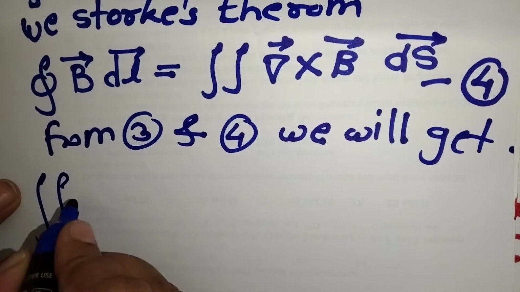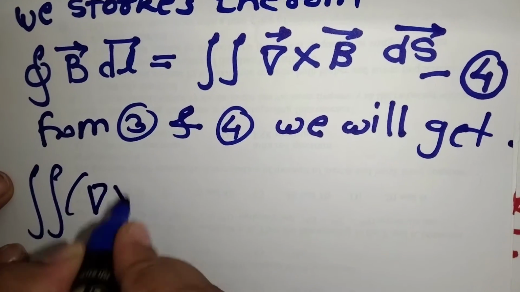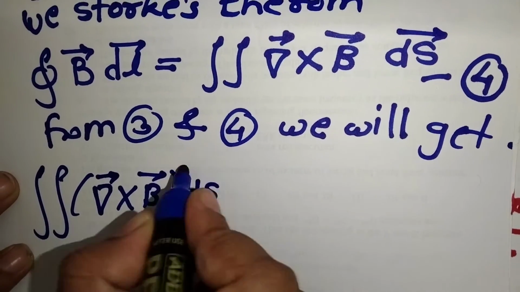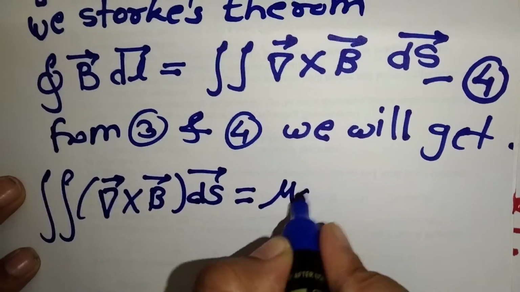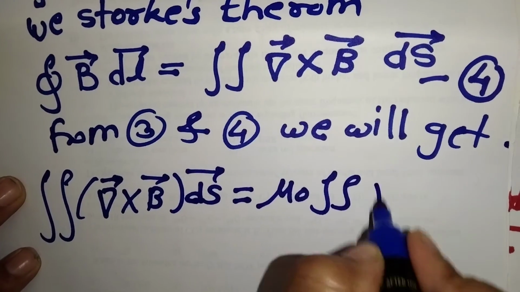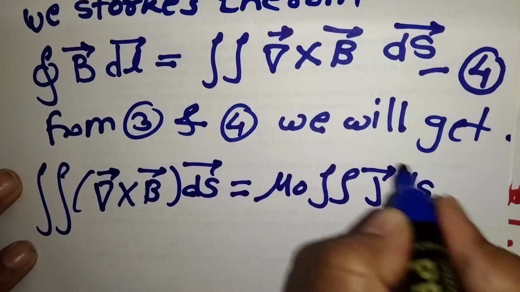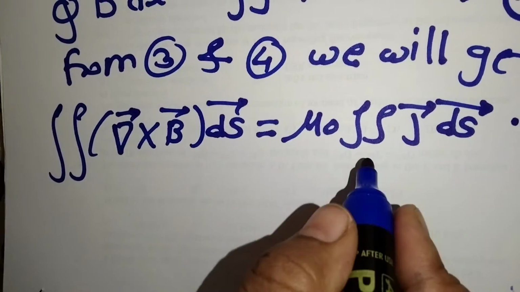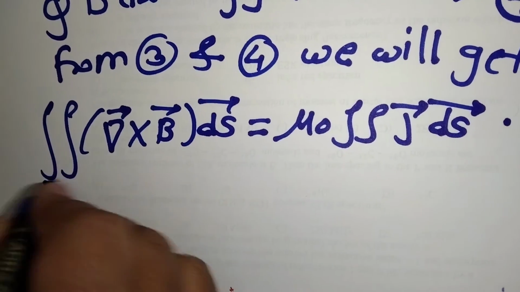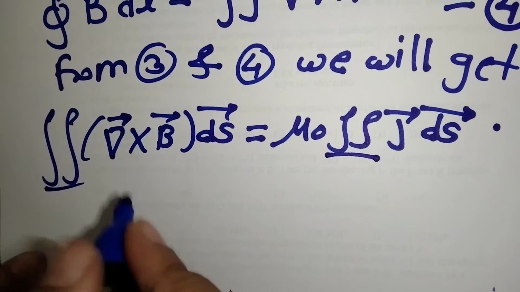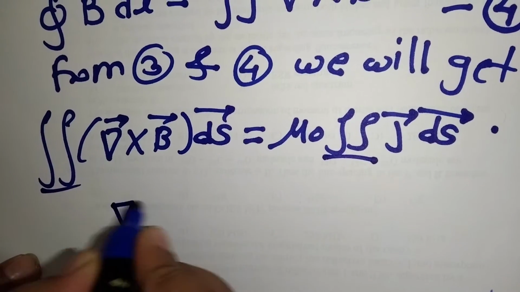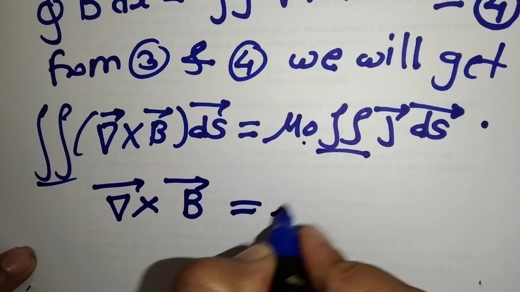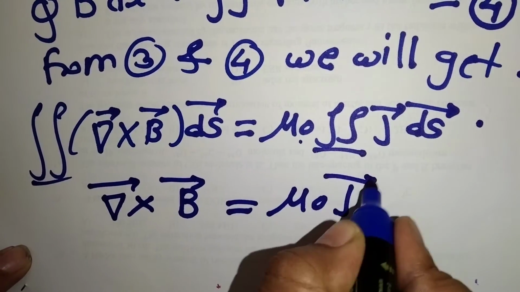the double integration over del cross B bar into ds bar is equal to mu naught times the double integration of J bar ds bar. So this integration and this integration will cancel, since both are double integrations. So we get del cross B bar is equal to mu naught J bar.